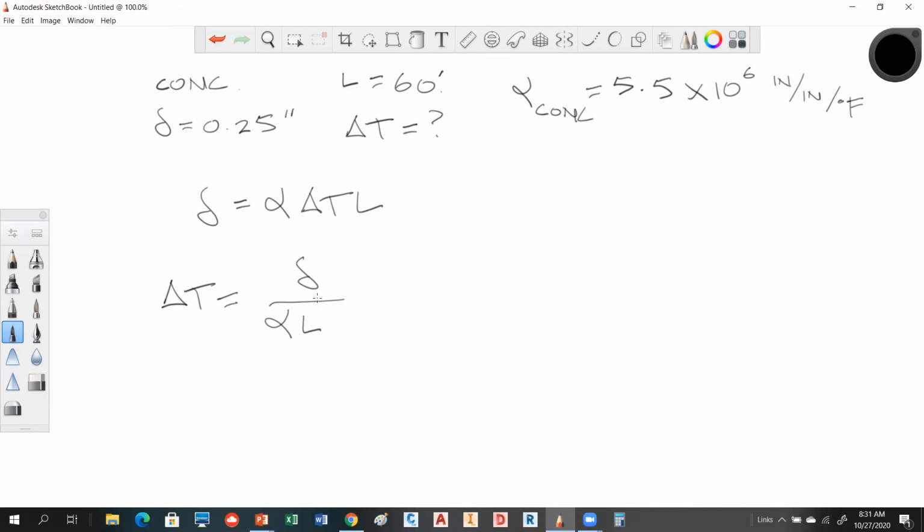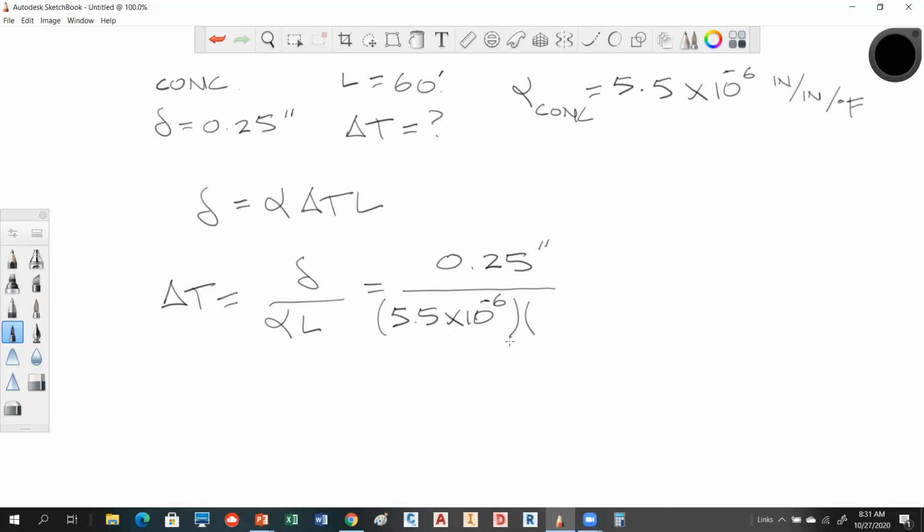Okay? So if we just plug those numbers in, just make sure we're in the proper units. That's in inches. Alpha is 5.5 times 10 to the, that should be -6, by the way, sorry about that. Times L. What is the unit of L in this problem? It's feet initially.